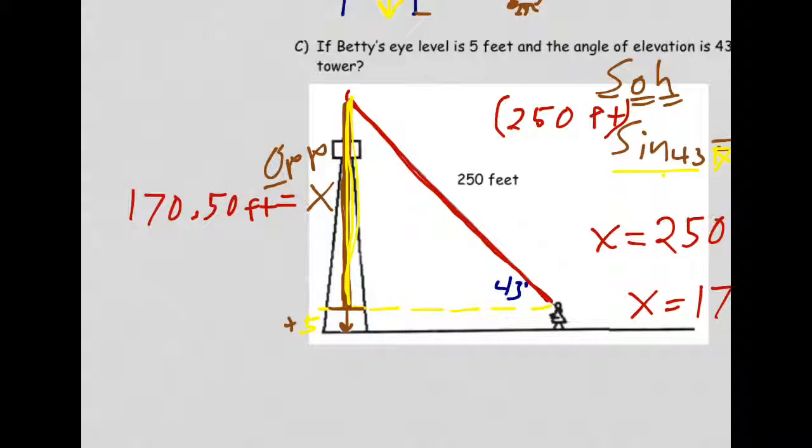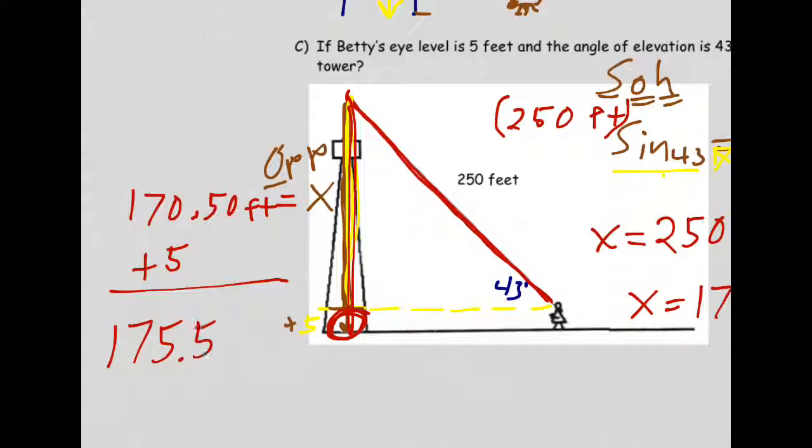Well, what about this 5 feet right here? Because that's part of the tower too. So we just have to add those 5 feet. And the entire length of the tower from top to bottom now we know is 175.5 feet.